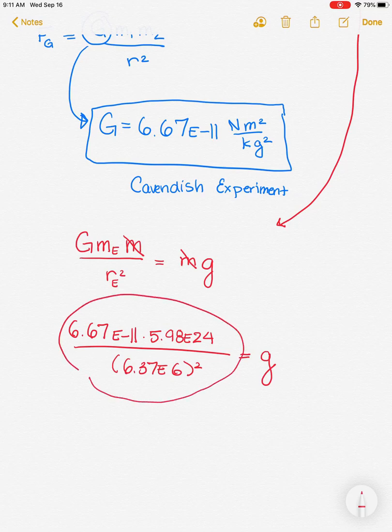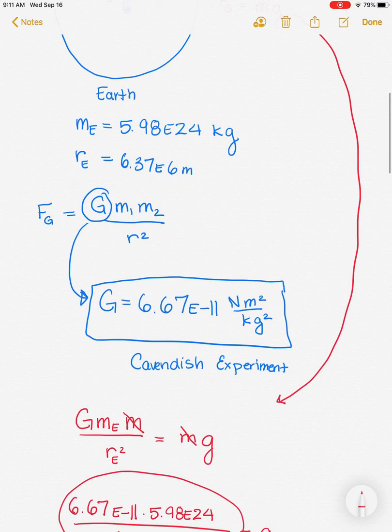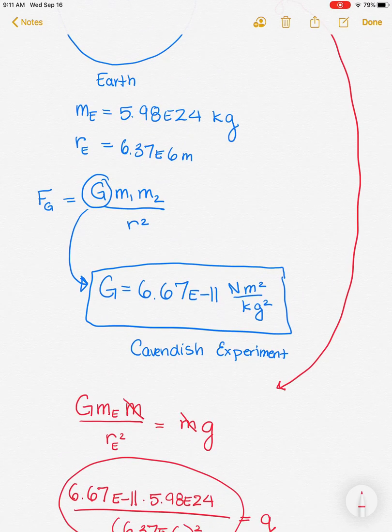When I calculate this whole left-hand side, what I wind up with is 9.8 meters per second squared, equal to the gravitational constant of Earth. So this is where the gravitational constant truly comes from. It's from this interaction of big G, and the interaction between every single object in the universe and whatever planet it is on.